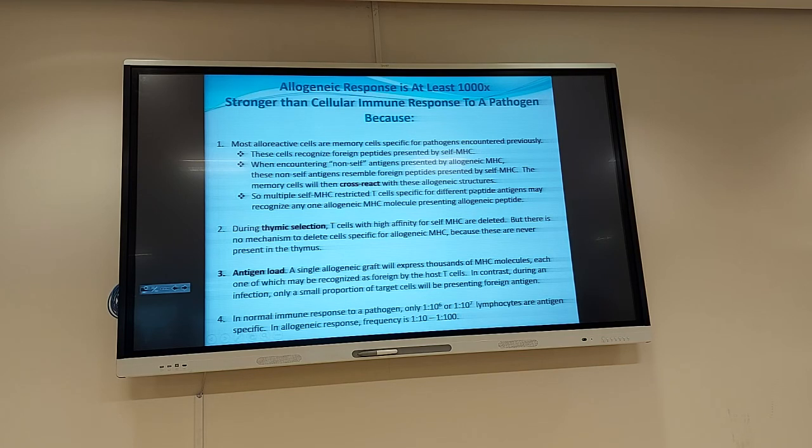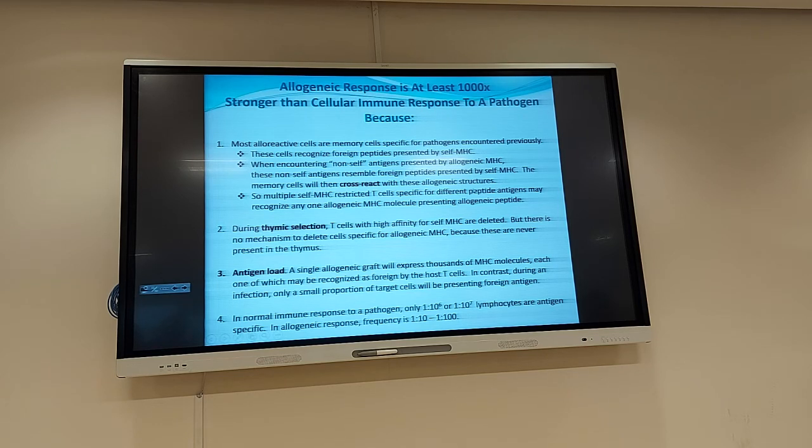Right. Another thing is that a large part of these donor-specific T cells have actually been generated to act against other types of antigens like bacteria or virus infections.